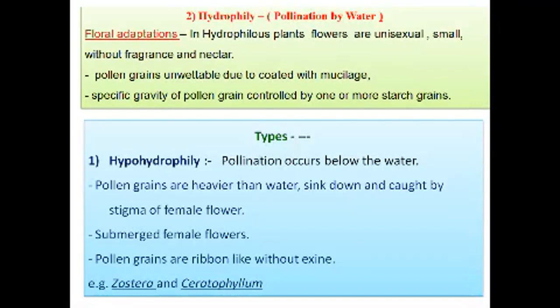See, hydrophily is of two types. First one is hypohydrophily.